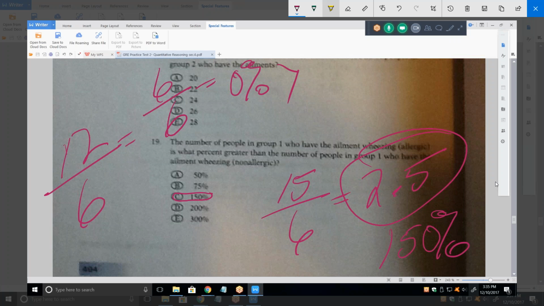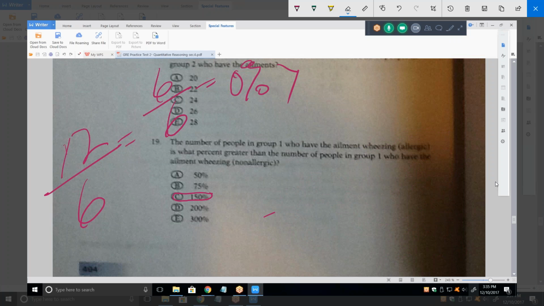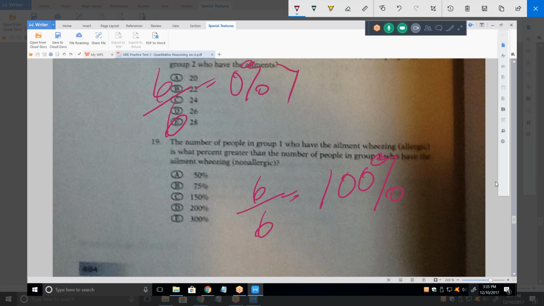And the way to really figure it out is with these other two examples over here. In other words, if they were both 6, and I said, how much greater is one than the other, you would say none. And yet 6 divided by 6 comes out to be 1. So how come it's not 100% greater? It just isn't. It's got to be greater.